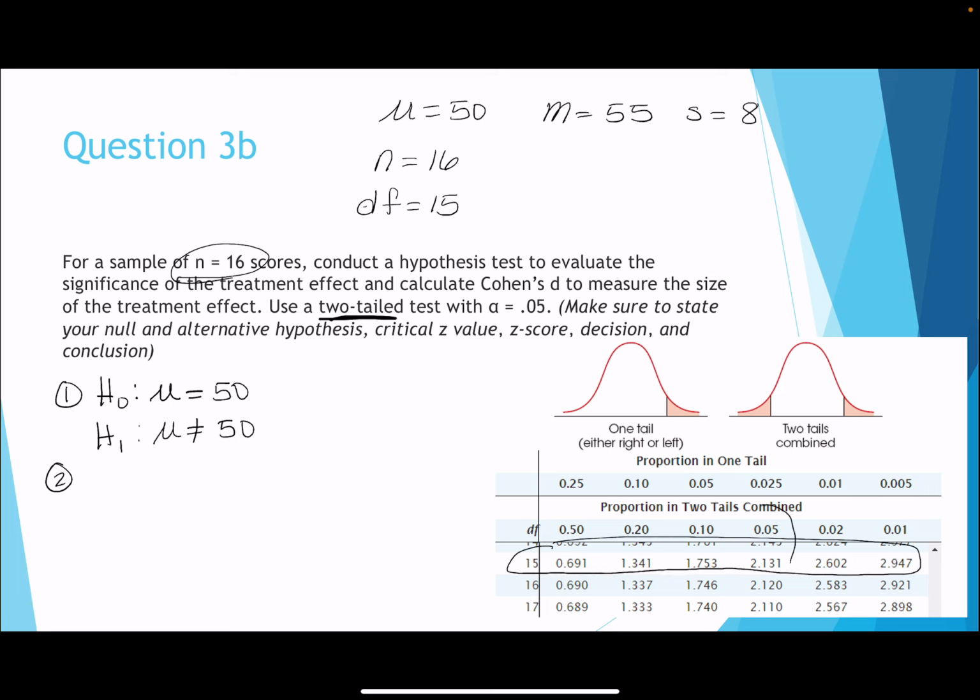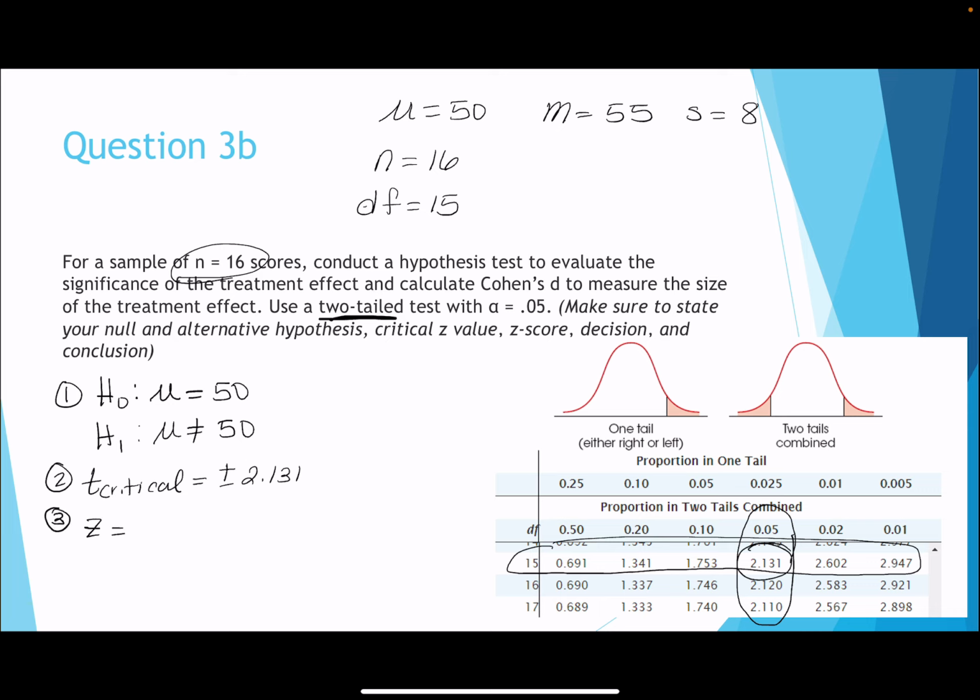Then for step 2, if we look at our degrees of freedom at 15 and our two-tailed alpha of 0.05, we get our critical value. So our t critical does change, and the reason it changes is because our degrees of freedom has changed. So this will be plus or minus 2.131. And our t-score is actually going to change as well.